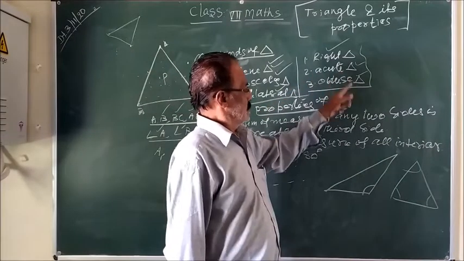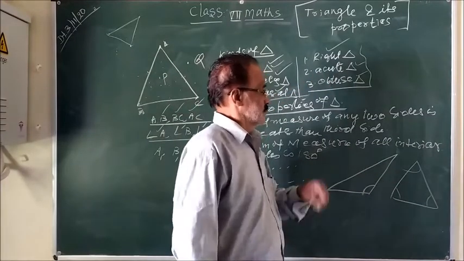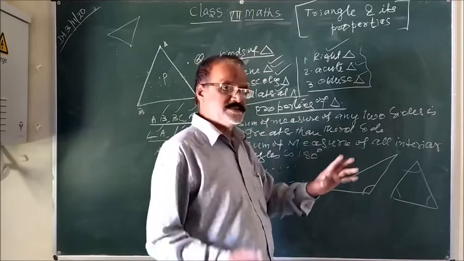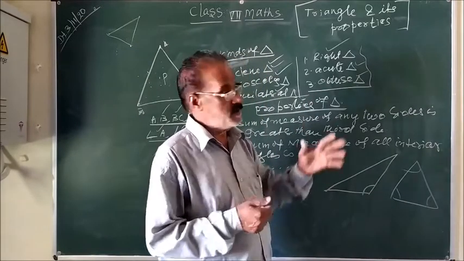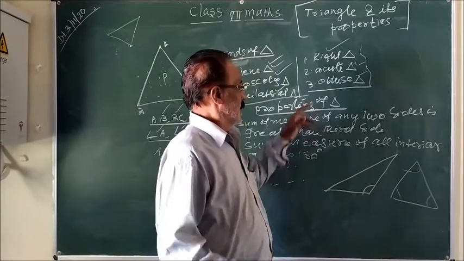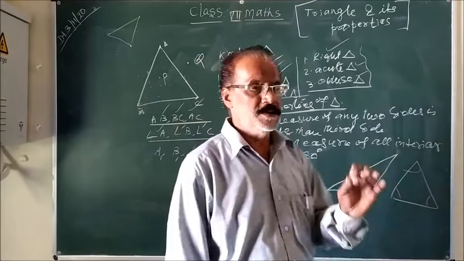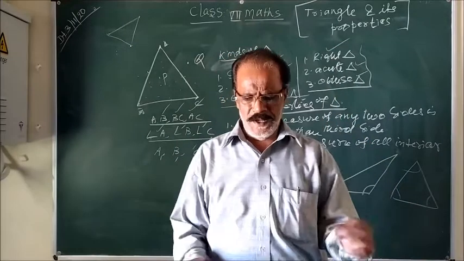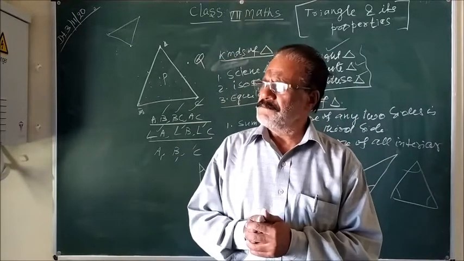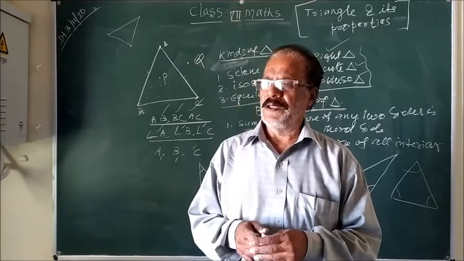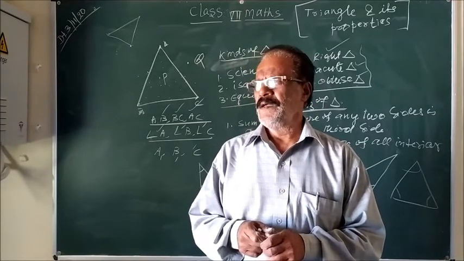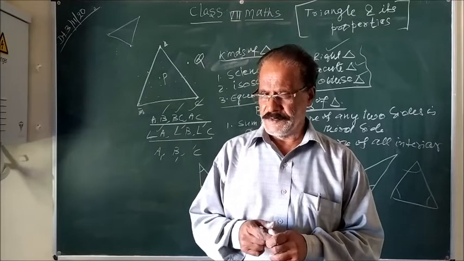The triangle in which all the angles are acute is called an acute angle triangle. And the triangle in which one angle is obtuse is an obtuse angle triangle. So you should learn these properties, and then I will explain more properties when we start the exercise.